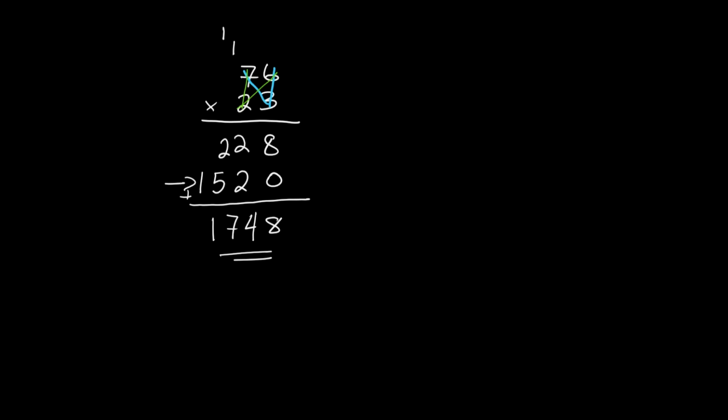Now let's move on to another problem, and let's say we had 54 multiplied by 33. So again, our aim is to multiply each term above by each term below. So that would be 3 multiplied by 4 and 3 multiplied by 5, and also 3 multiplied by 4, 3 multiplied by 5.